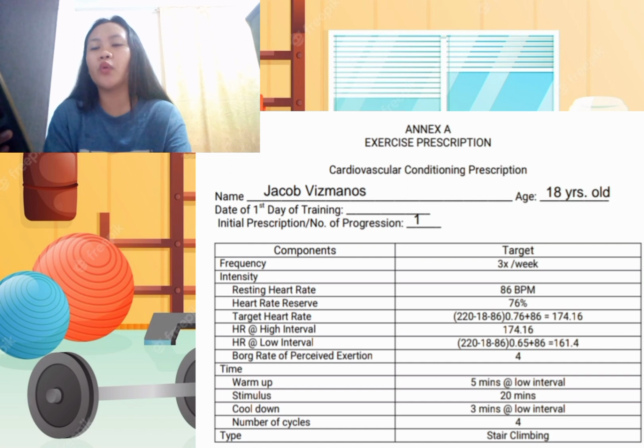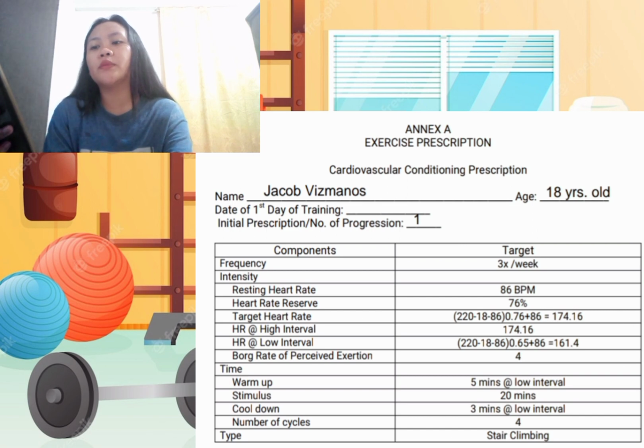So we also follow the formula. We just have to replace the percent with its lowest. So we get here 161.4. So that's the heart rate at low interval of Jacob.